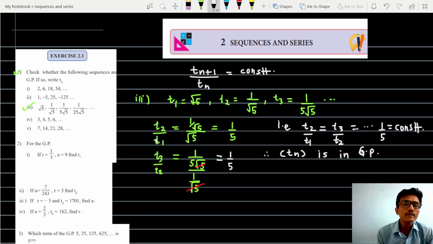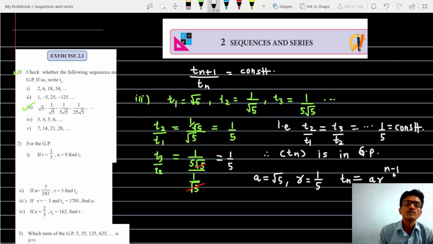Further, this nth term you have to find. Here the first term A is equal to root 5, and the common ratio R is equal to 1 upon 5. So that you can find Tn, the nth term of GP, which is given by A R raised to power n minus 1. So what is Tn over here?